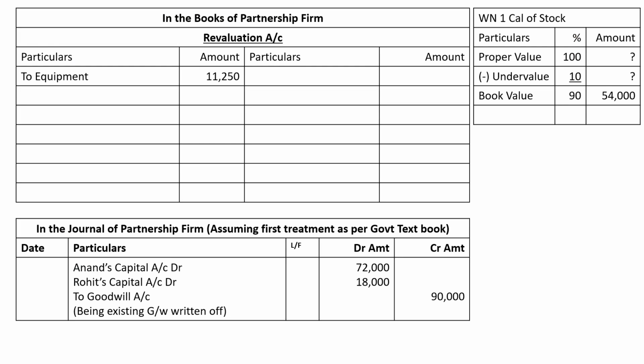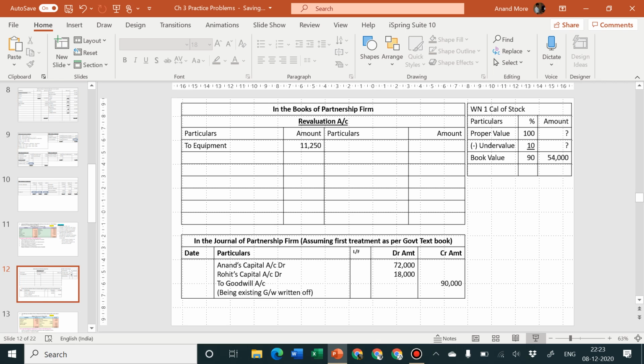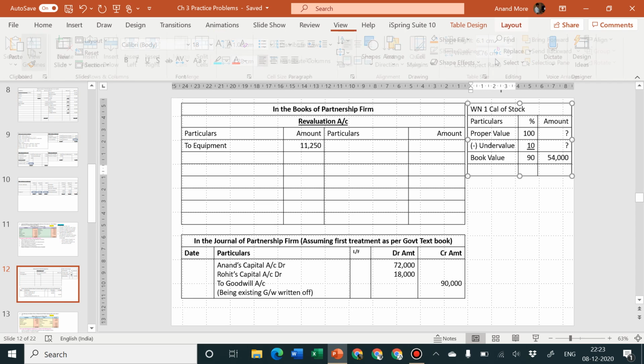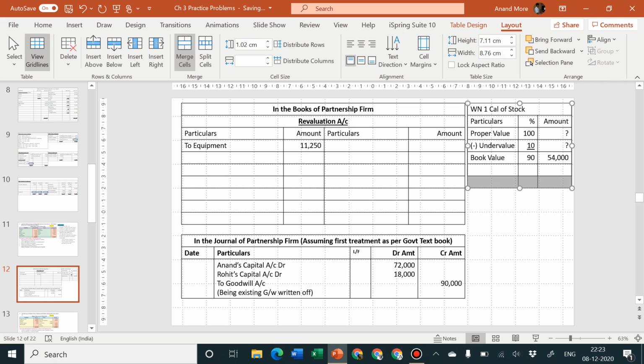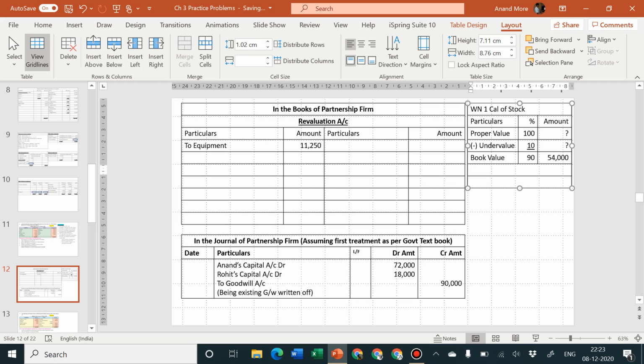So now the table is ready. I hope you can understand how to calculate this particular thing. It is simple cross multiplication. If 90 is equal to 54,000, then 10 is equal to how much and 100 is equal to how much? So that is equal to 54,000 into 10 upon 90 and 54,000 into 100 upon 90. Let me write it down.